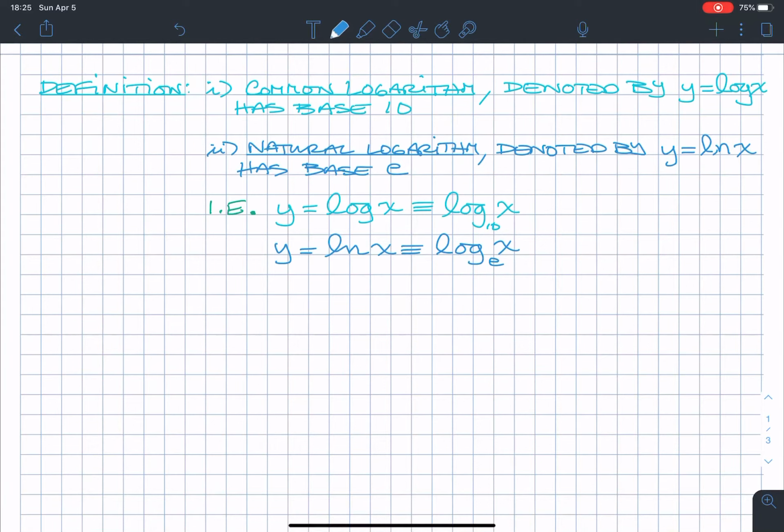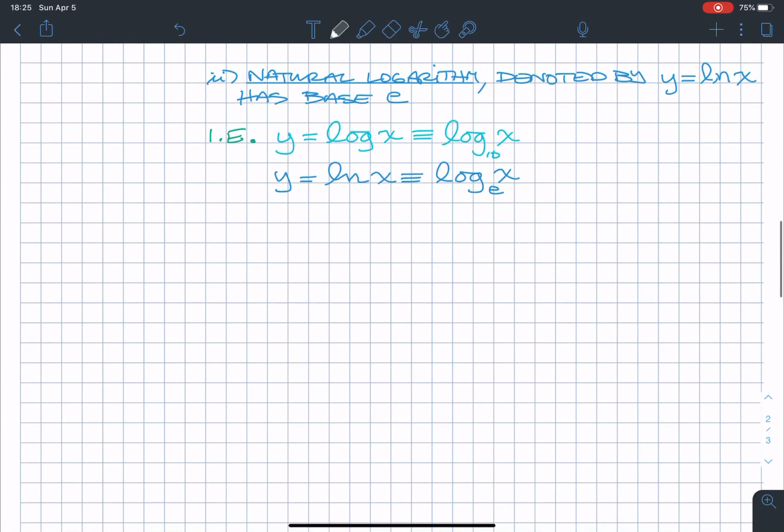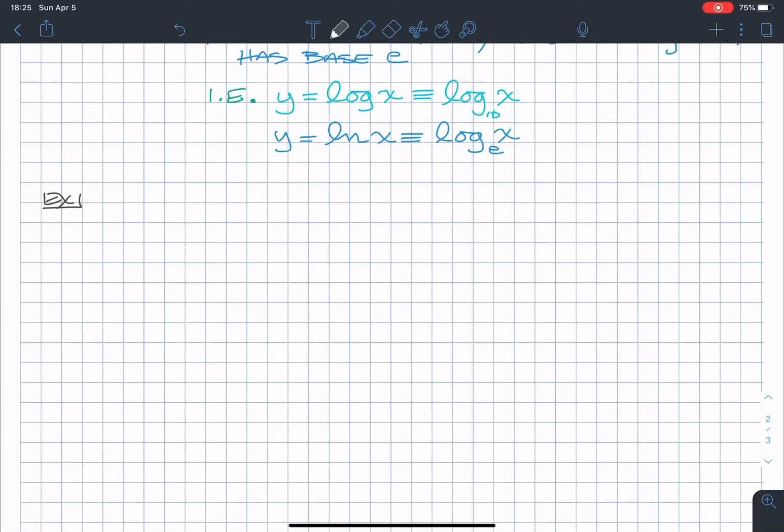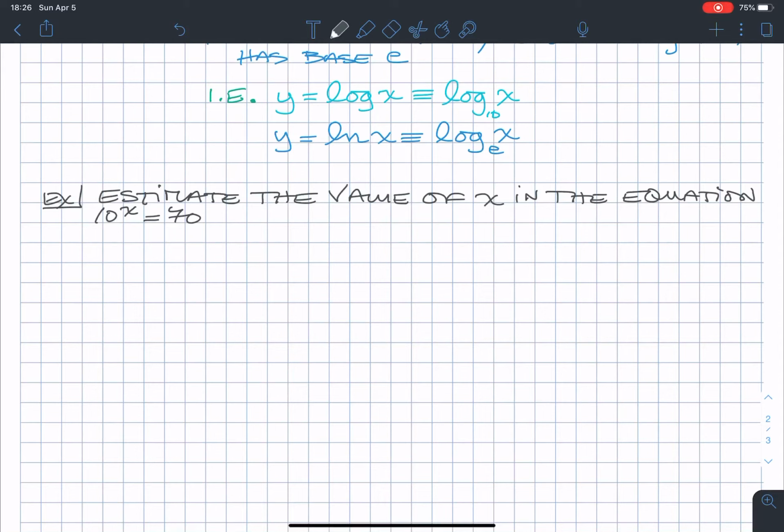That's what this means. Okay, so for example, let's estimate the value of x in the equation. Let's do 10 to the x is equal to 70. Okay, well, let's note something before we start.